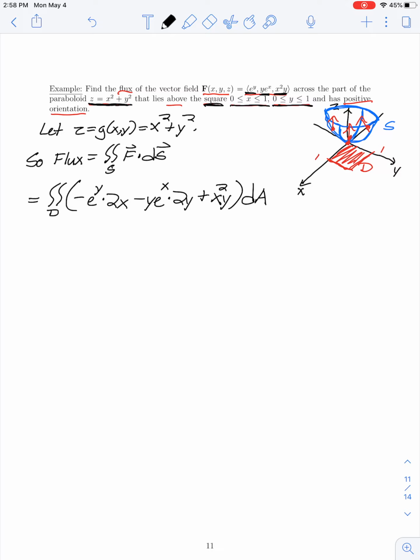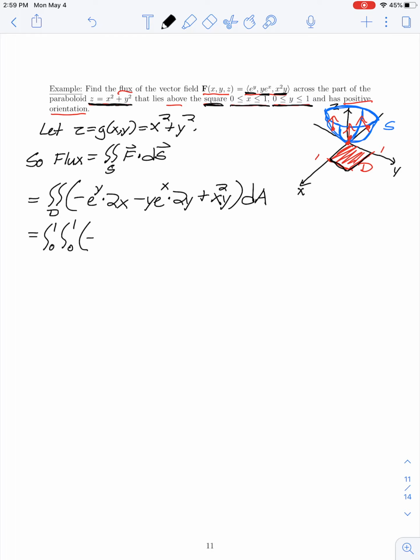So to evaluate this double integral, we'll set it up as an iterated integral. And we have the integral from 0 to 1 in the x direction and 0 to 1 in the y direction to define our square D in the xy plane. And let's simplify our function that we're integrating a little.